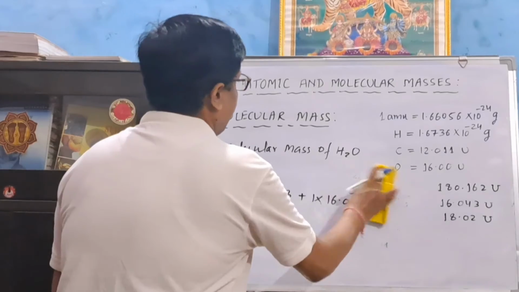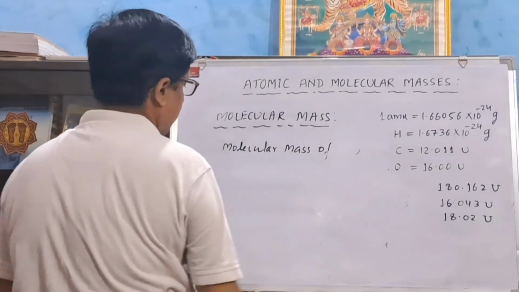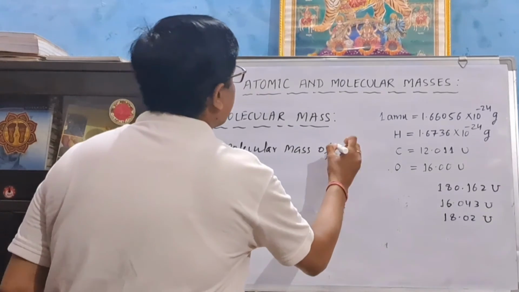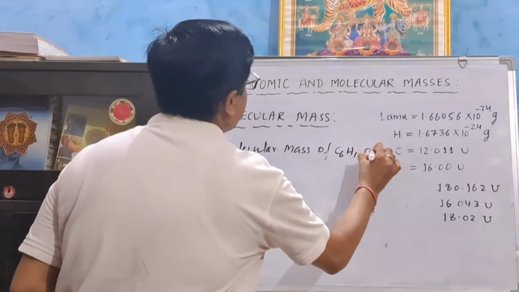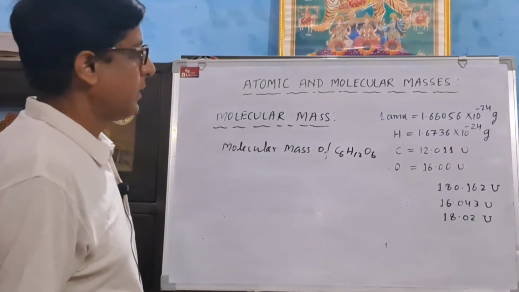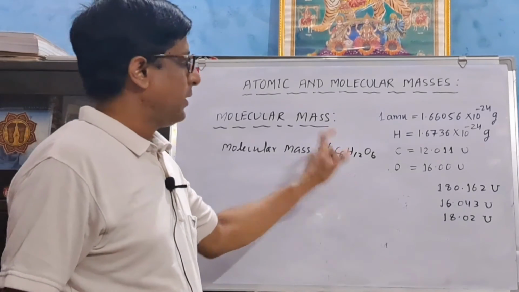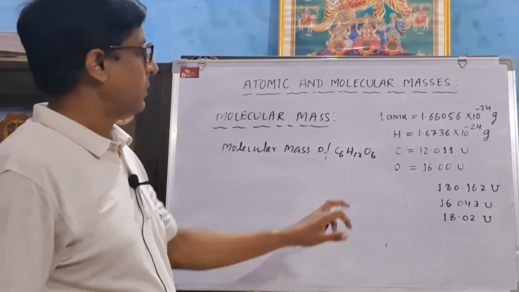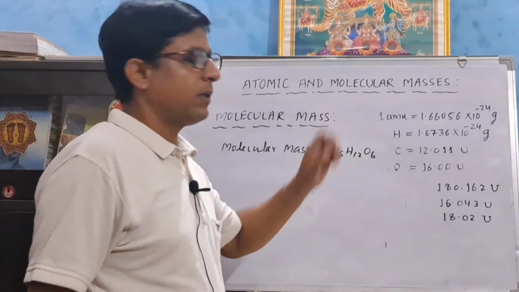Similarly, we can determine the molecular mass of glucose, C6H12O6. Glucose has the molecular formula C6H12O6. Here 6 carbon atoms are present, 12 hydrogen atoms, and 6 oxygen atoms.